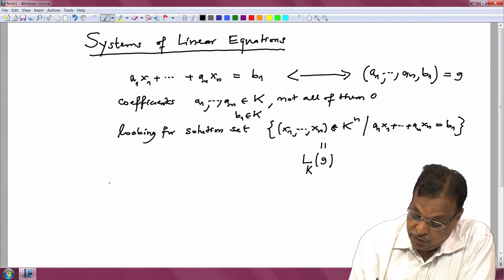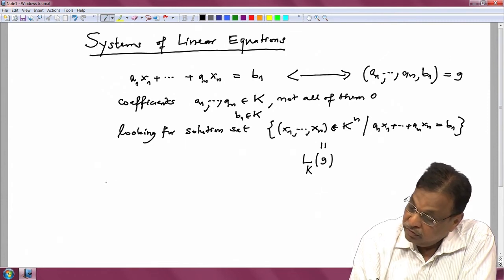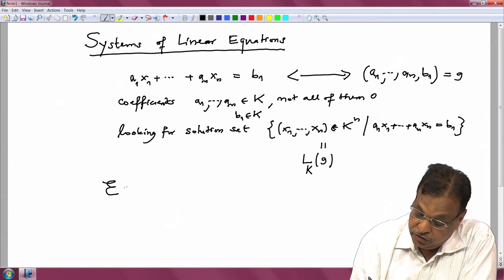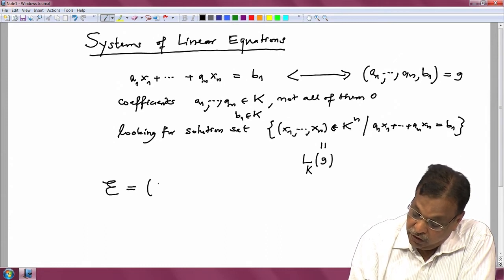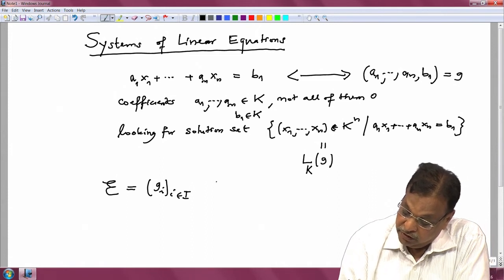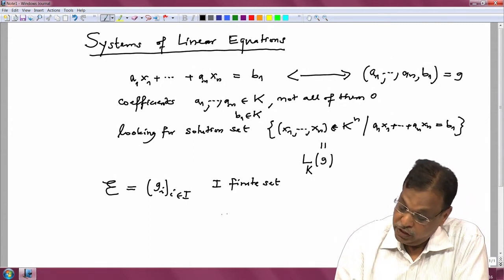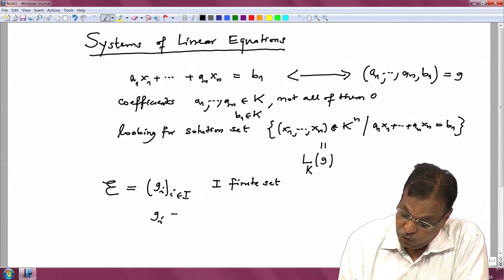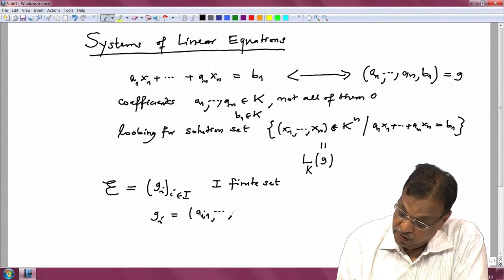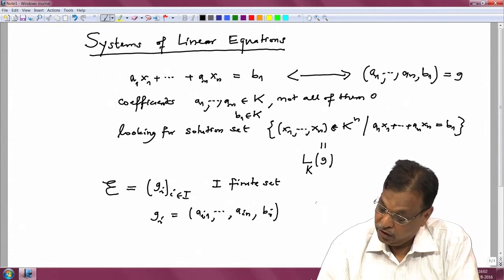So, a general system of equations, finitely many equations, I will denote therefore E, and the equations are Gi, i in I, where I is a finite set. So, each Gi looks like ai1, ..., ain, comma bi. This is the ith equation.